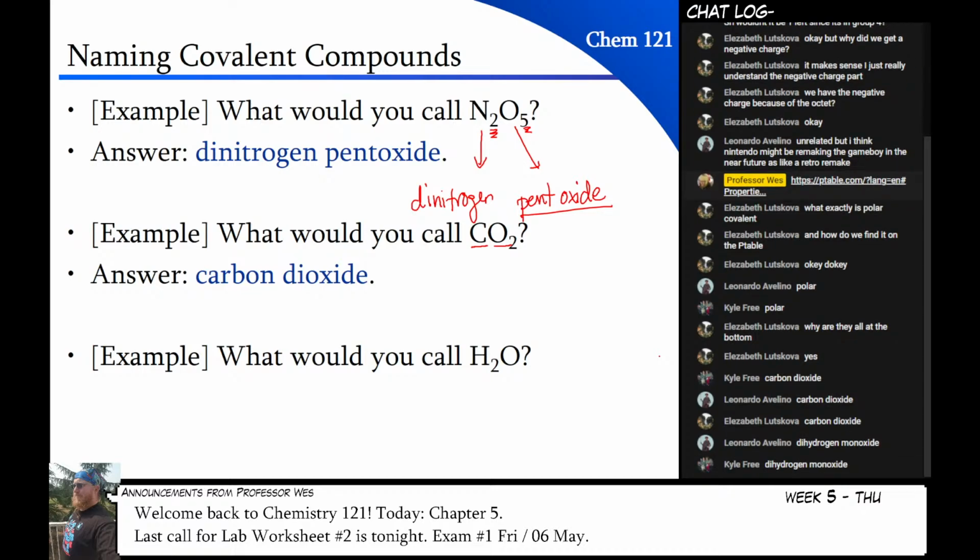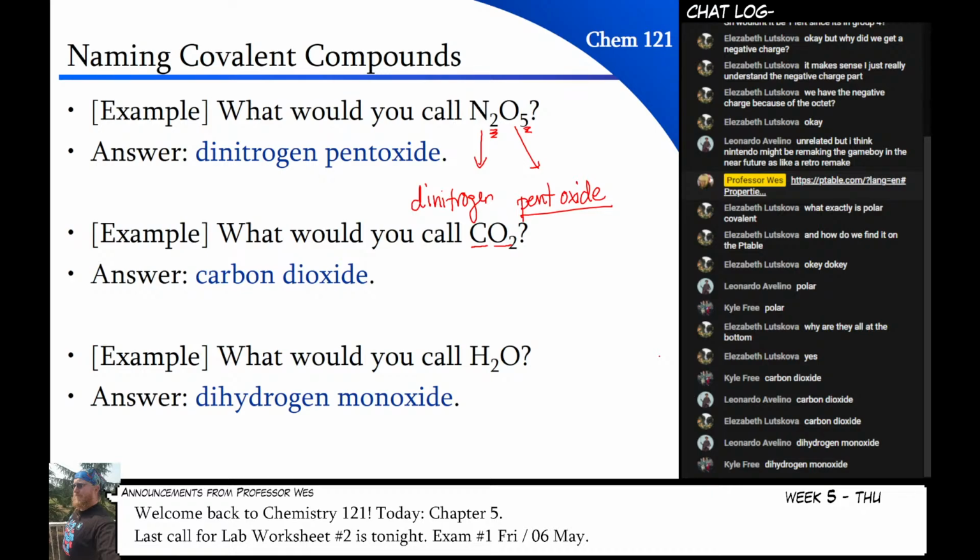Dihydrogen monoxide. Very good. All right. That's the naming rules for covalent compounds. You just apply this scheme to any compound that is covalent.